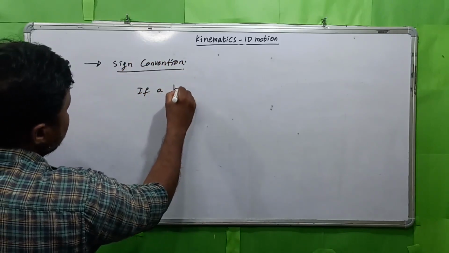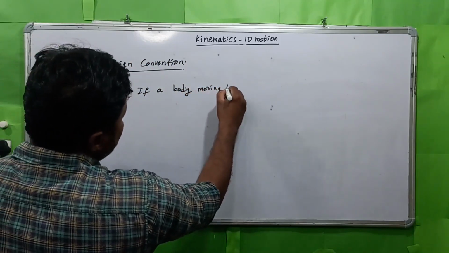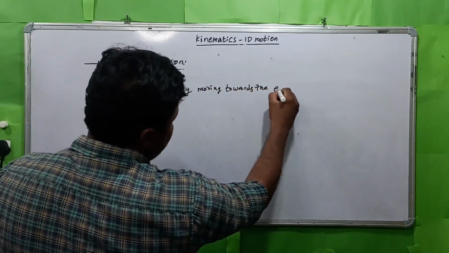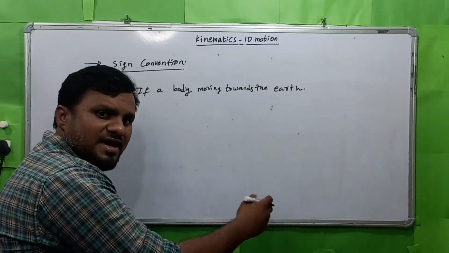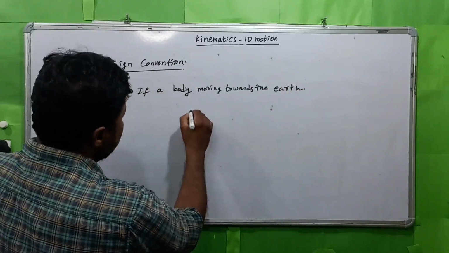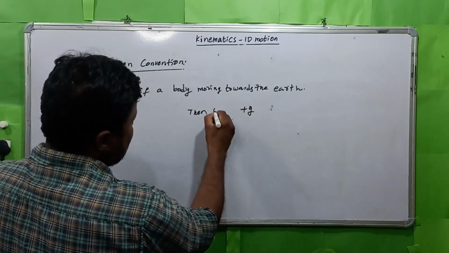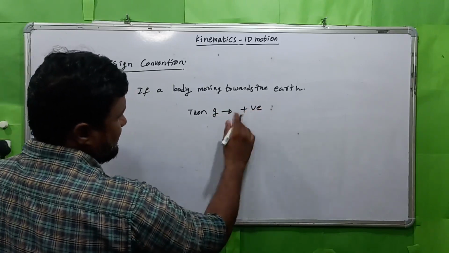If a body is moving towards the center of the earth, then you have to take plus g. Then the g value is taken as positive.